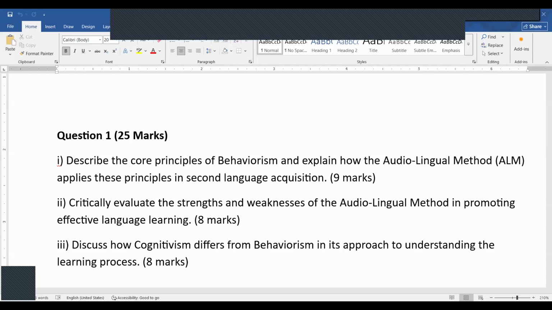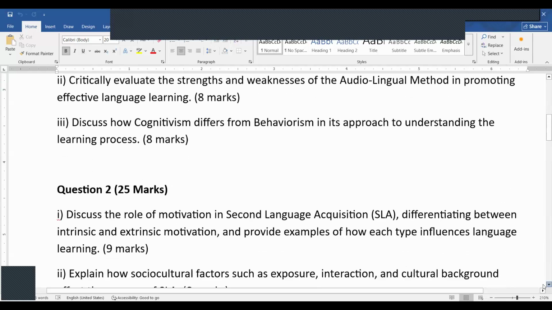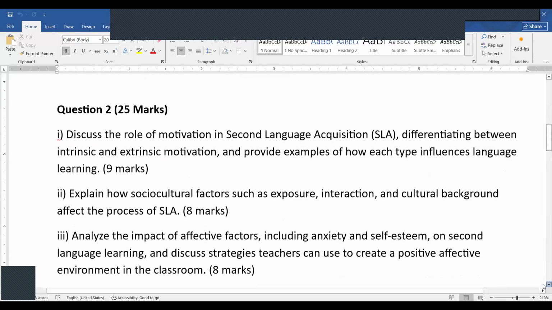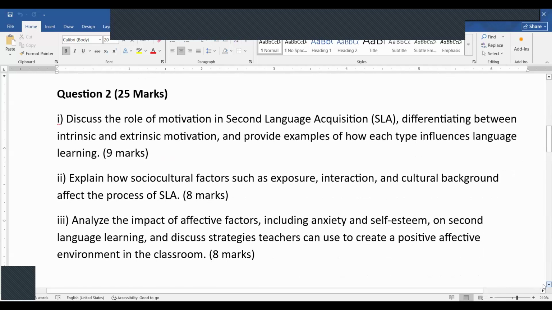Okay, we'll go to another question. This is a past paper question. Sometimes the content of the syllabus may be different, so I did not check it. I am just showing it. But this question, I think you can remember.